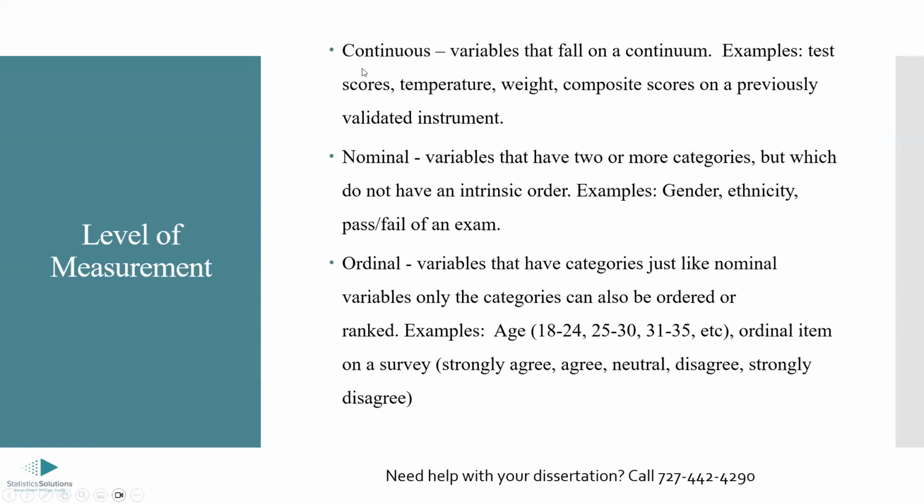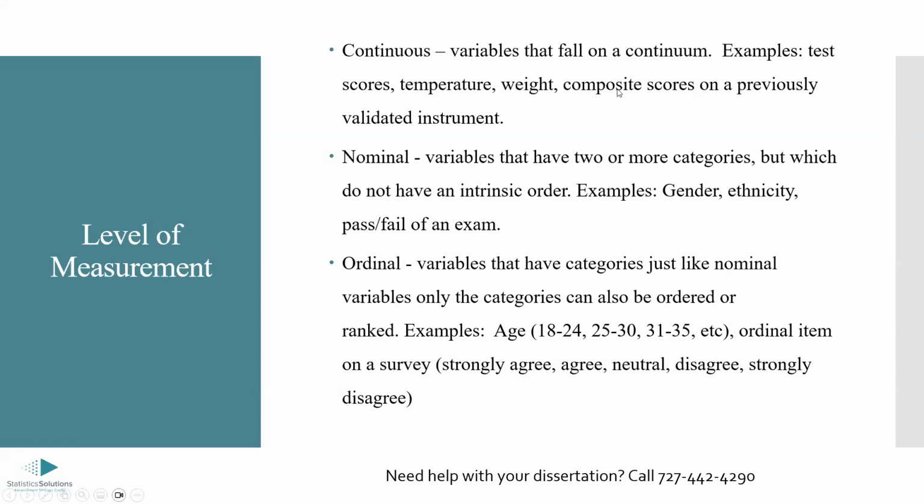Continuous variables are usually numeric variables that fall on a continuum or a range. Examples of these include test scores, temperature measured in Fahrenheit or Celsius, weight in pounds or BMI or metric tons, or composite scores on a previously validated instrument.